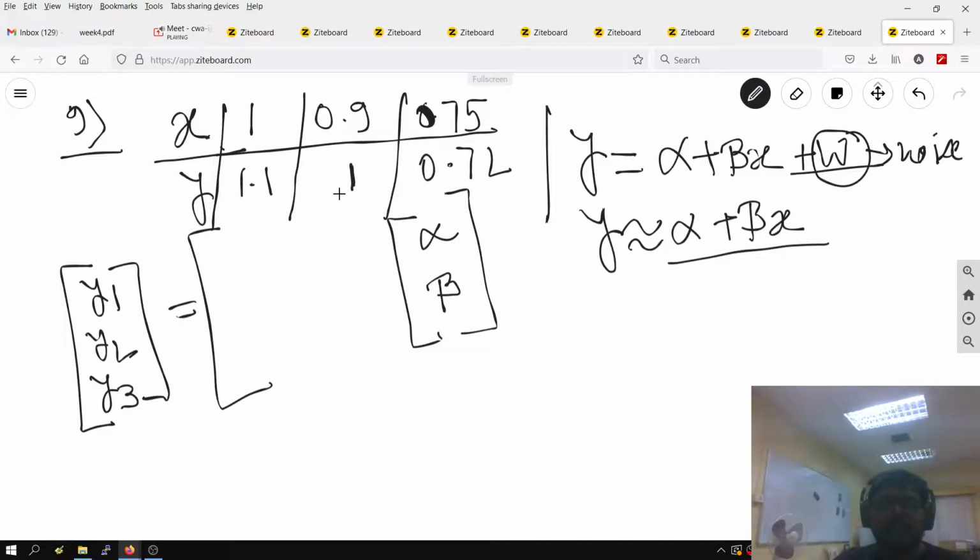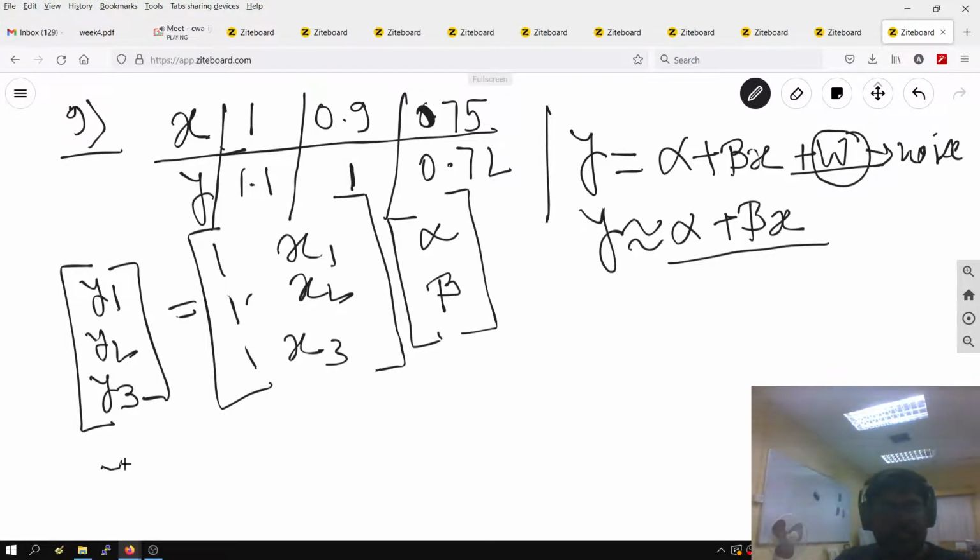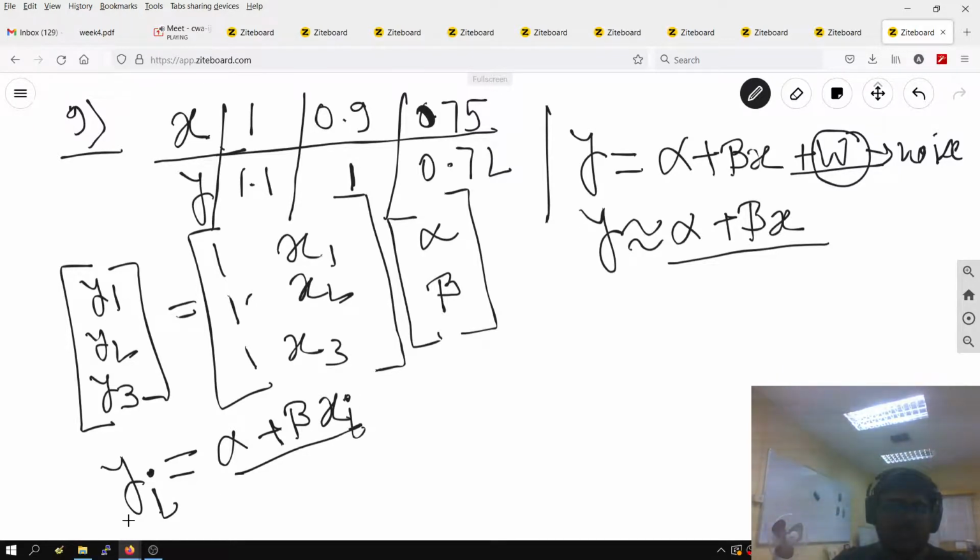And we have the x values. So first thing is 1 into alpha, x1, 1, x2, 1, x3. Because see, if I represent it in this matrix format, it comes as 1 into alpha plus beta into x. Generalized, any row you can take, and this becomes this. This is the equation. So I have done the linear representation here. So this is a full rank matrix.